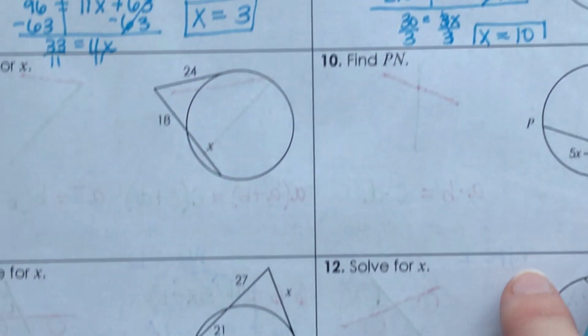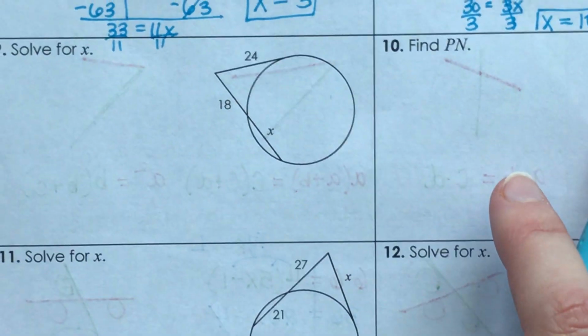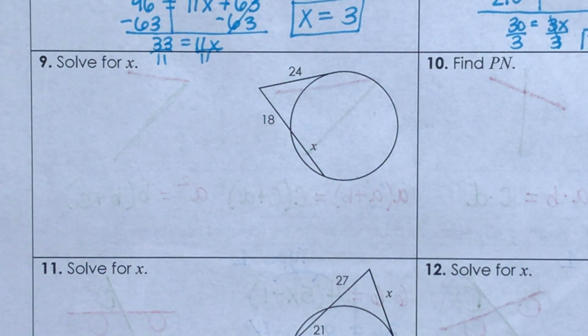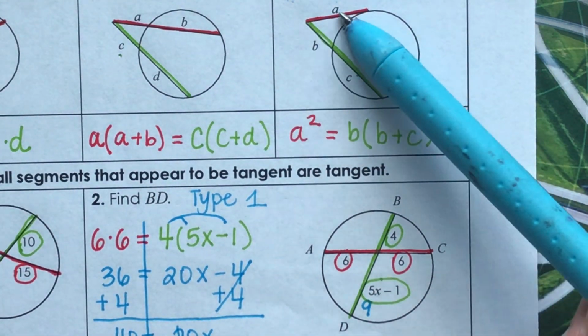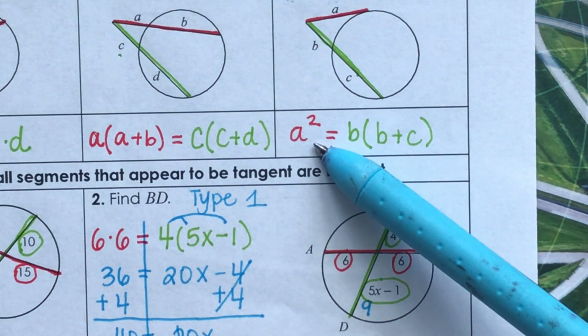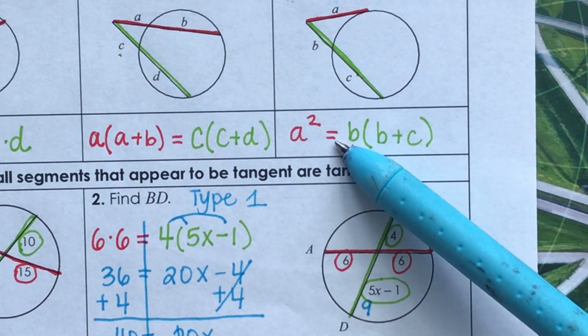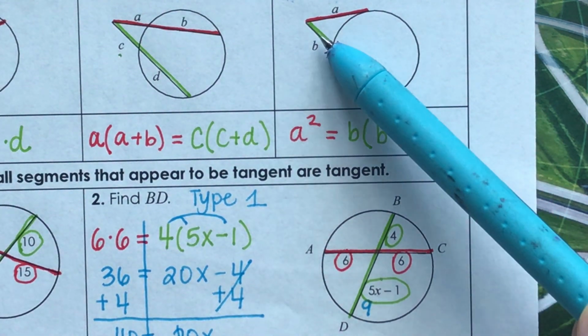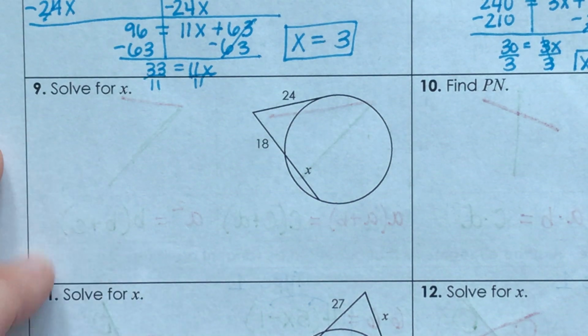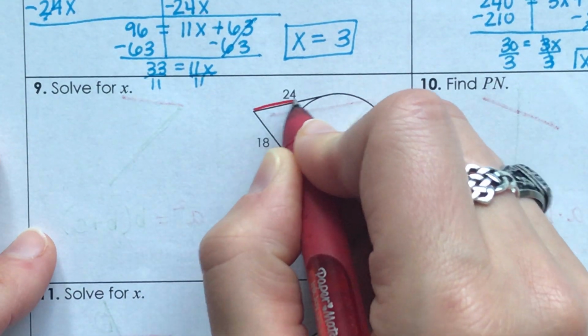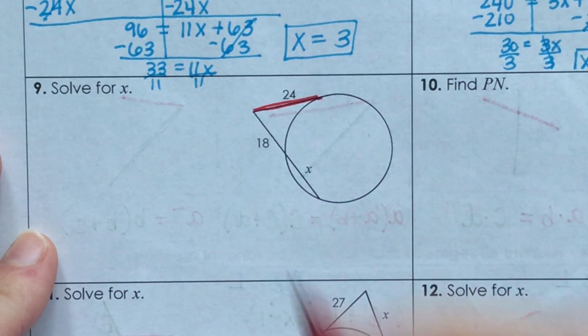Last ones. As I'm sure you can probably guess, we did all type 1s and type 2s. Now we're going to do some type 3s. For the type 3, you take the segment that's by itself, you square it, then you set that equal to the other side, that's the outside times the whole. So I'm going to start with the side that's all by itself, and that side is 24.